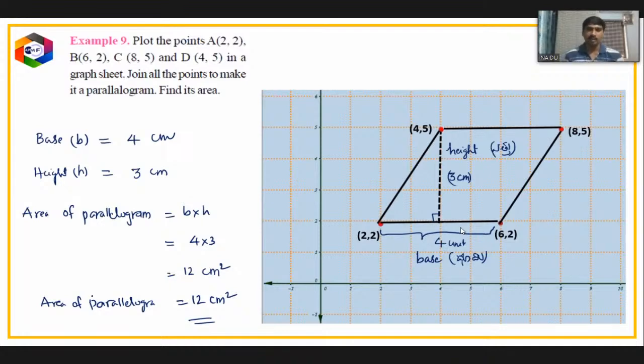First we have to plot all these 4 points: A is 2, 2, B is 6, 2, C is 8, 5, and D is 4, 5. After plotting the points, join them using line segments. Now a parallelogram is formed.